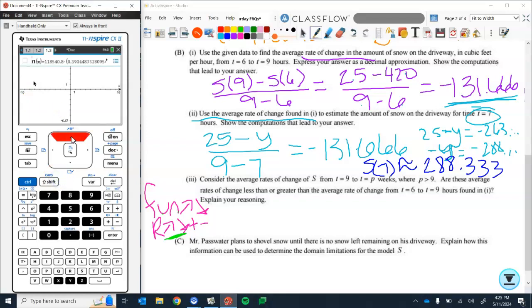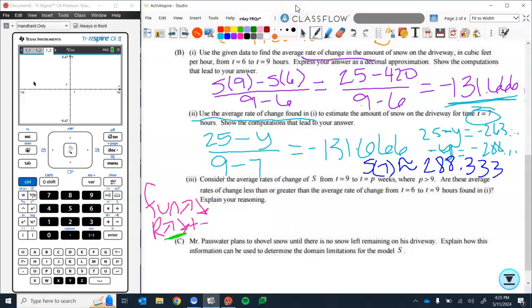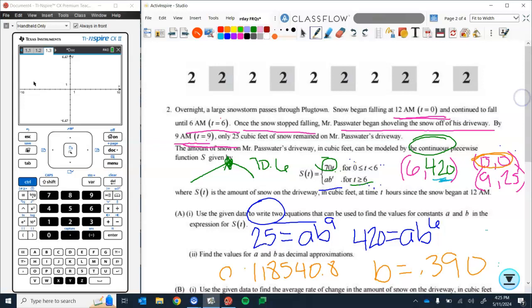Remember, F1's already in there. So I just hit enter. And well, I didn't see anything. But remember, our numbers are kind of big, right? We went all the way up to 420. And I started at 6 and we went to 9. This goes to 10.